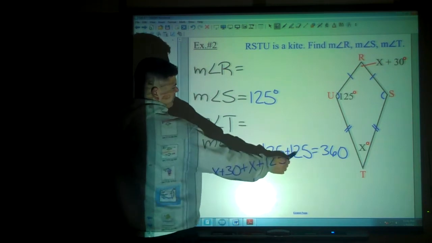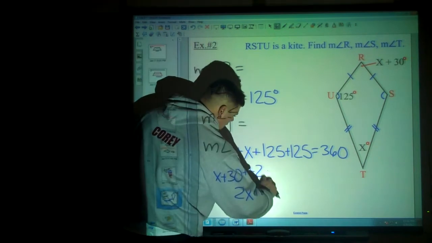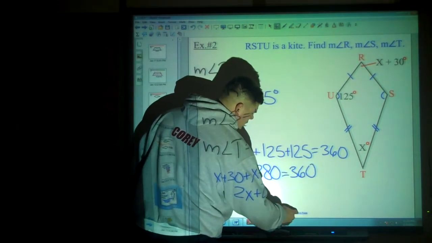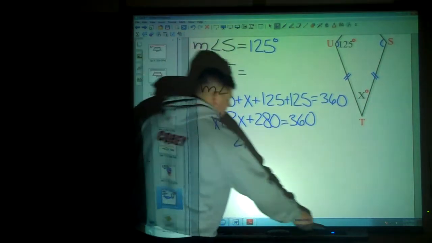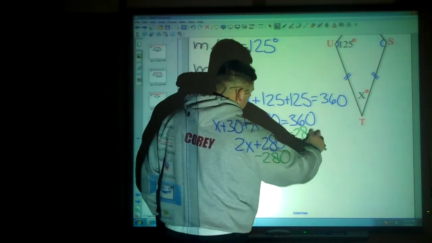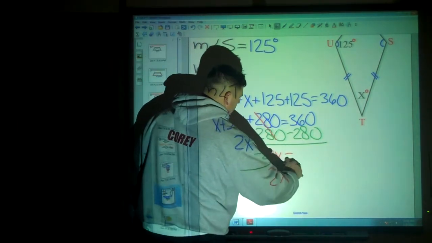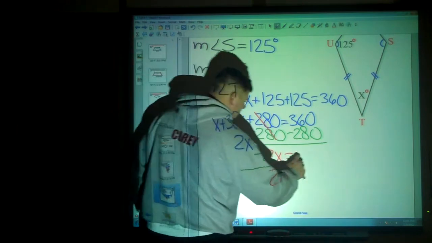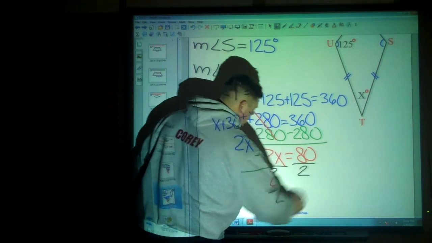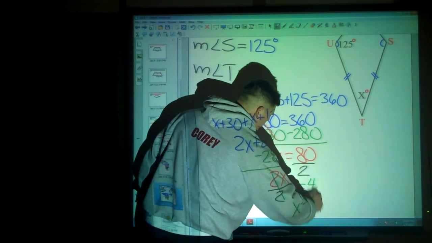And here you have 125 and 125, which is 250. 250 plus the 30 is 280, equals 360 degrees, which is a simple two-step problem to solve now. Subtract 280 from both sides. We're left with 2x is equal to 80, which makes dividing by 2 pretty easy. Final answer, x equals 40.